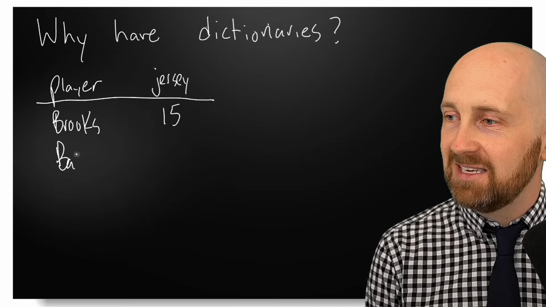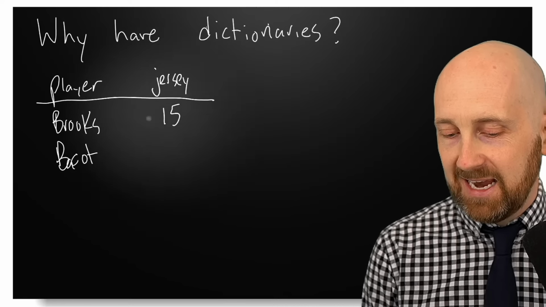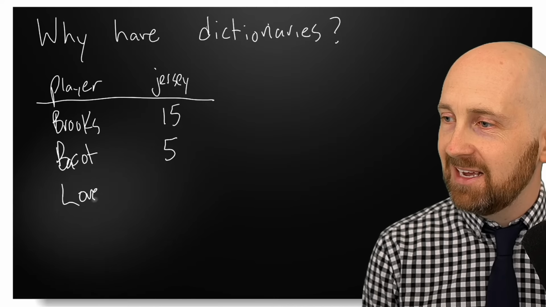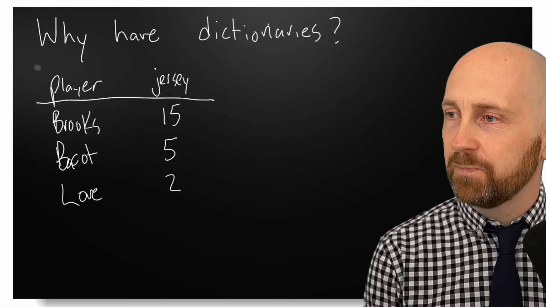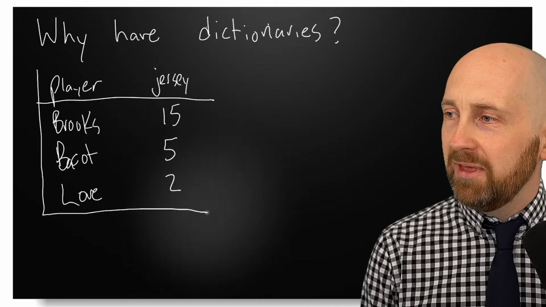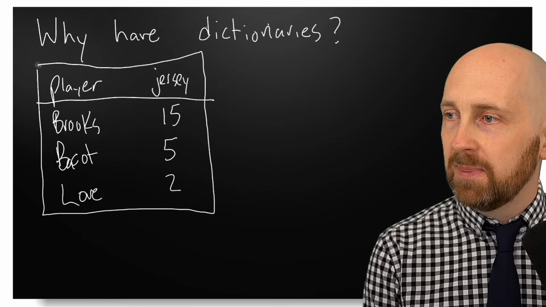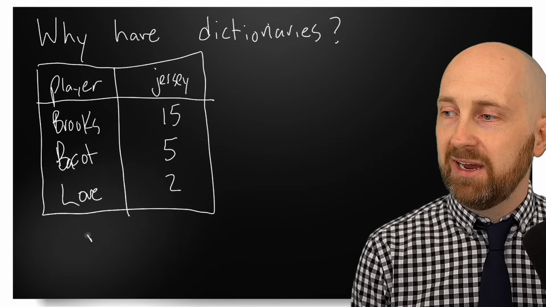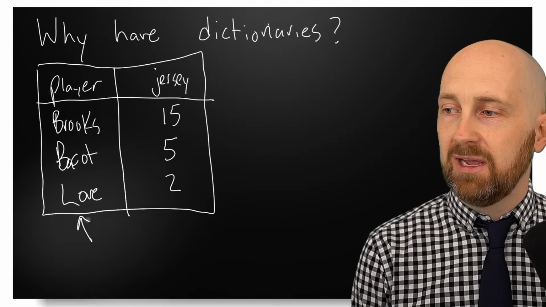Baycott is the last name of a player and has a jersey number of 5. And Love is the last name of a player, has a jersey number of 2. Now, when we think about this type of a table, that makes it easy to go from looking up a player and asking, okay, what is the number of some player, and being able to quickly determine their jersey number.